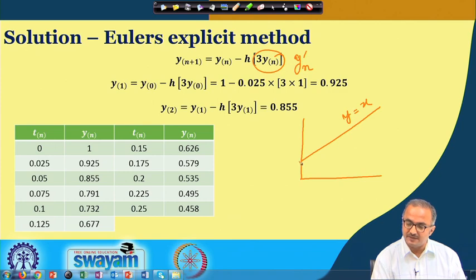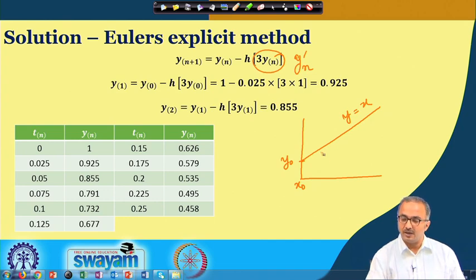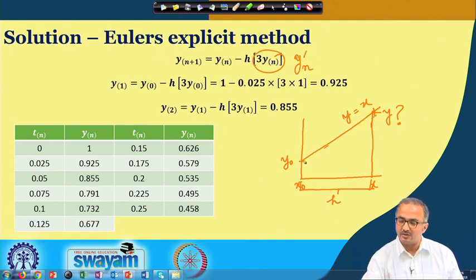Even if I start, suppose this is the y naught at x naught, which is given to us, and I want the value of y at this particular x. Because it is linear, I can choose a big step size h, and I can quickly go to this particular value.